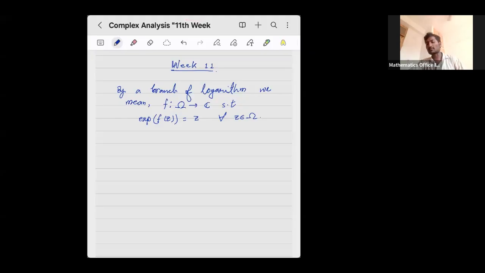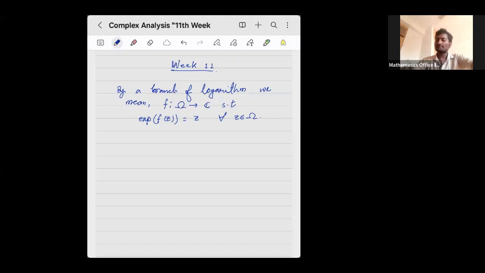If F is a holomorphic function, then we say... okay, in general, it is defined to be some continuous function like this. We say it is a branch of logarithm. It may not be holomorphic, of course, but we are trying to find out branches of logarithm which are holomorphic in the given domain.